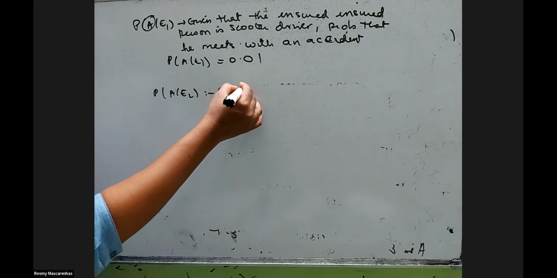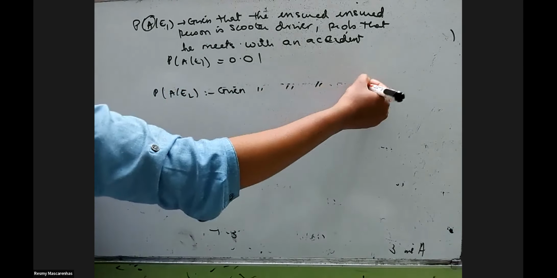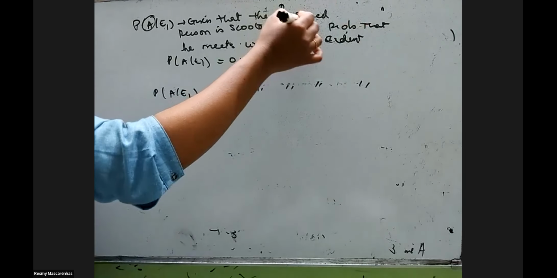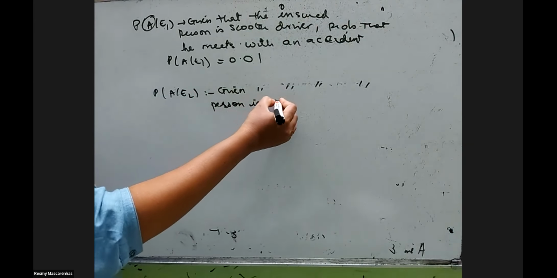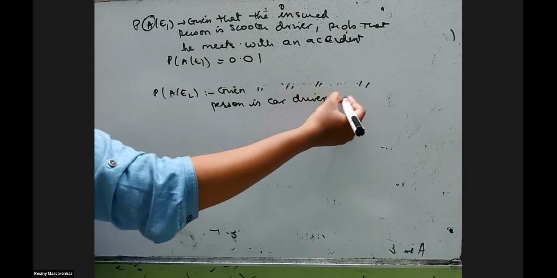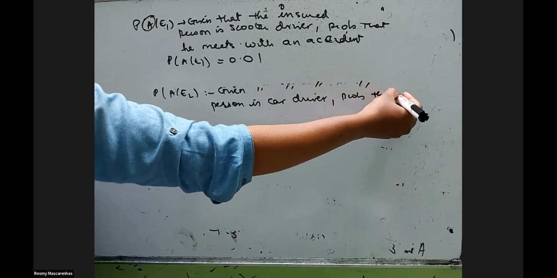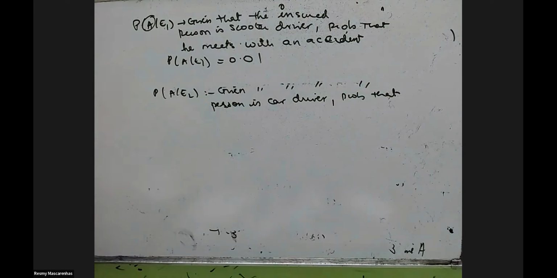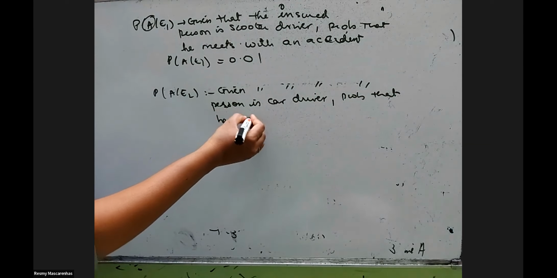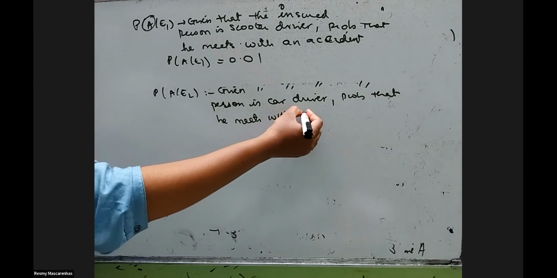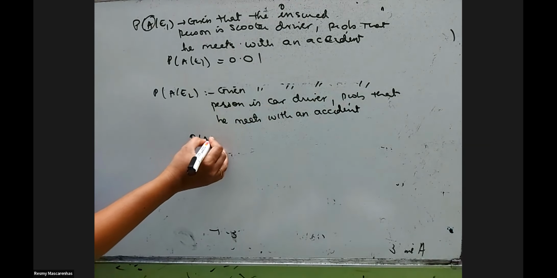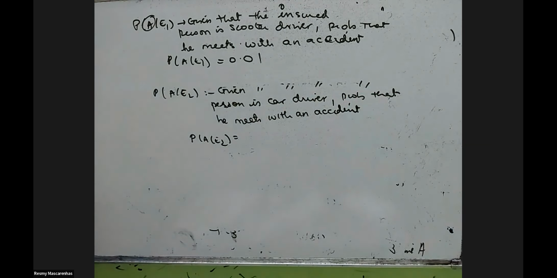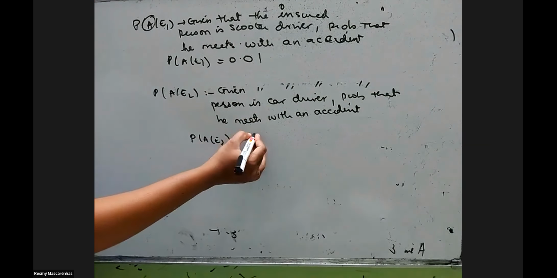Given that, 2 times I wrote, insured person is a car driver, probability that A, this is given as 0.03.